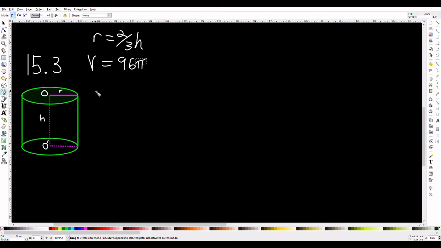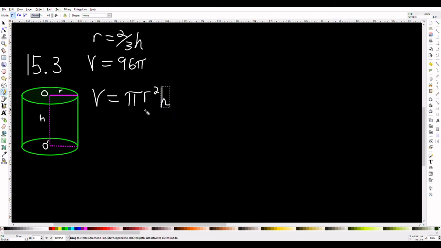What's the formula for the volume of a cylinder again? Don't look, see if you can remember, or reason it out. The volume equals pi r squared times height.